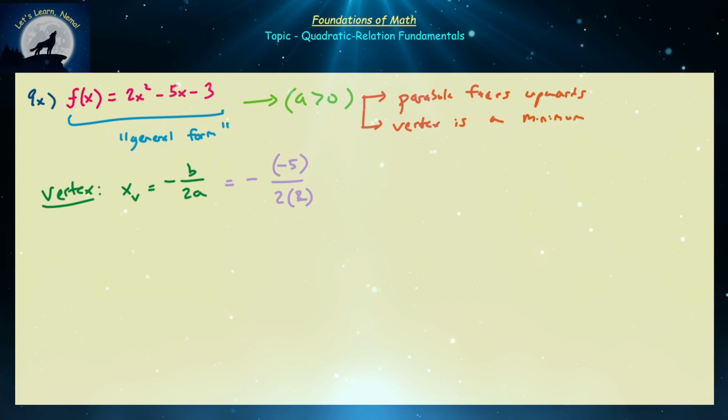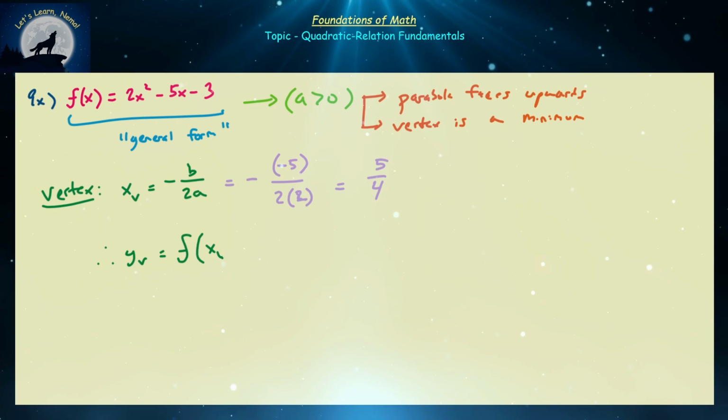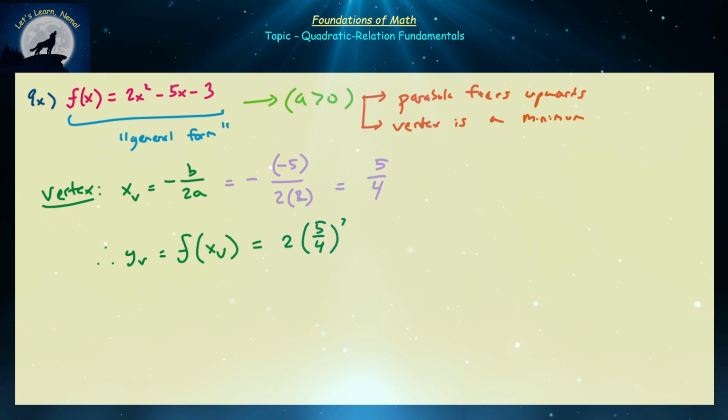So negative negative makes a positive, so we're going to have 5 divided by 4, i.e. 1.25 as a decimal for our x-coordinate. And the y-coordinate of the vertex will be just equal to f evaluated at the x-coordinate of our vertex. So plugging 5/4 in and doing some fraction math, that's going to give us 2 times 5/4, the quantity squared, minus 5 times 5/4, and then minus 3.